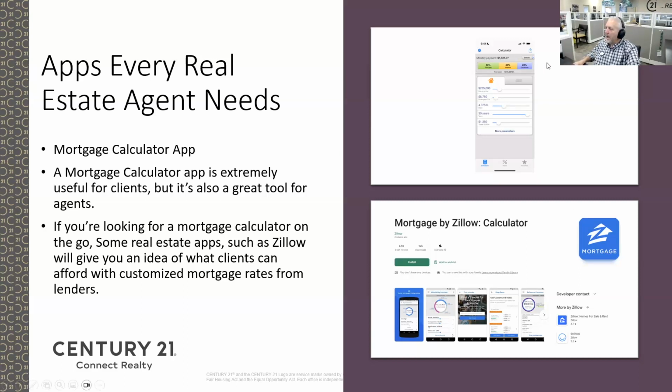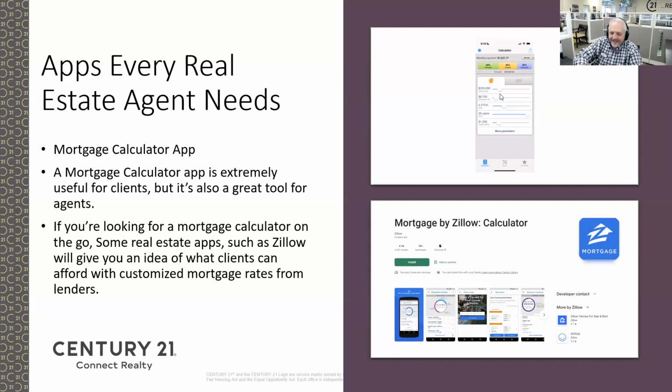Love this one. Zillow has a decent mortgage calculator app from what I understand. I typically don't try to put anything with the Z word related to it on my phone, just personally, but that's completely up to you whether you want to do that or not. CC, I will find out the name of that app. You know what?